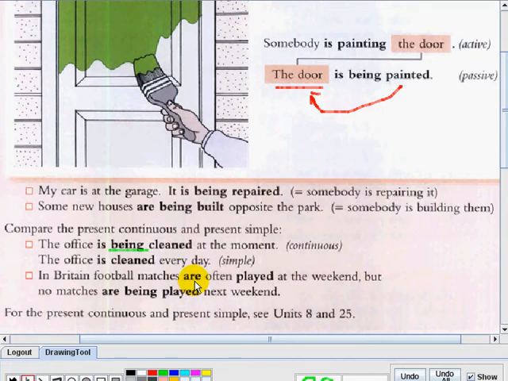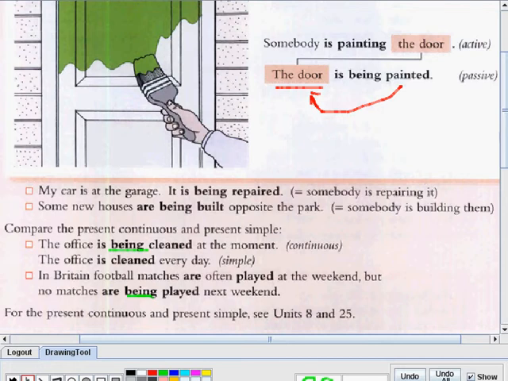Again, this is present simple passive, and this is present continuous passive, because we have here the word being. Alright? And it's gonna happen in the future. Okay? Next weekend. Did you get that? That is present continuous passive.